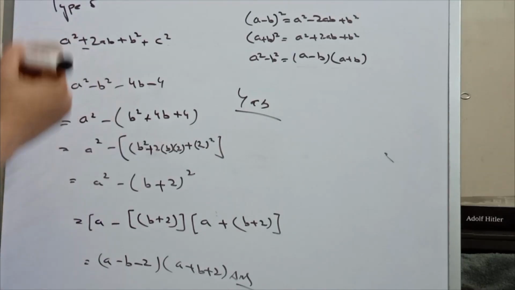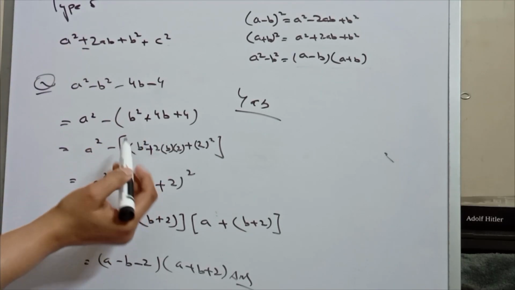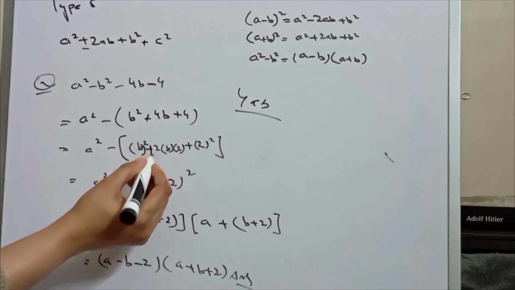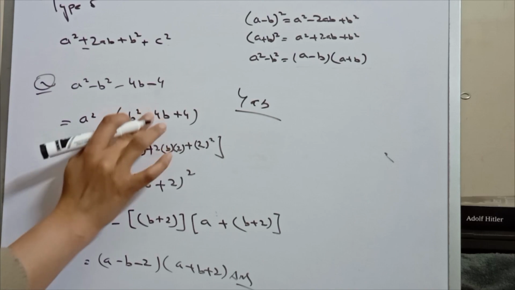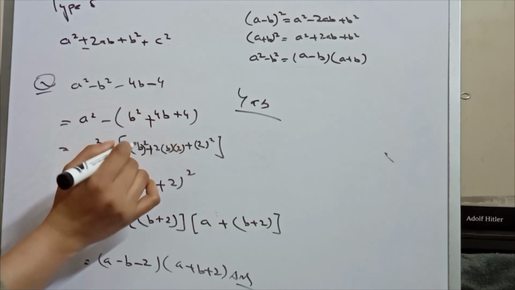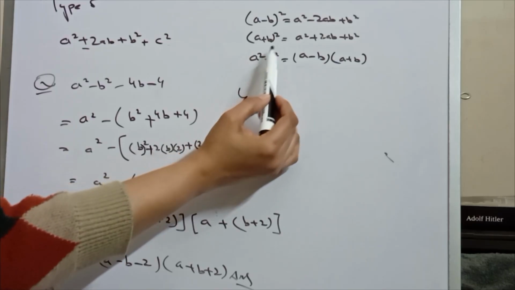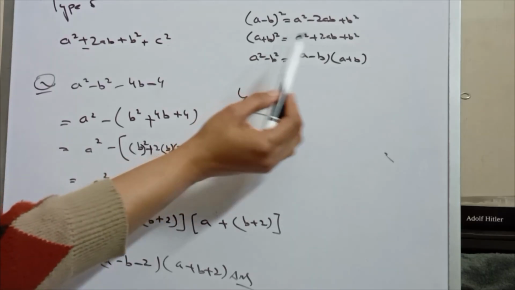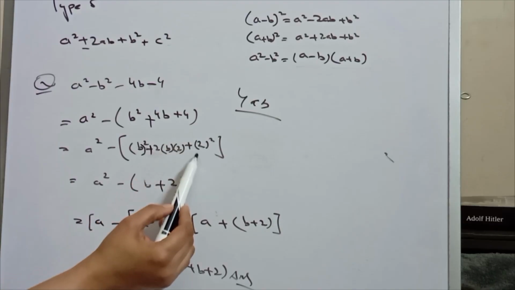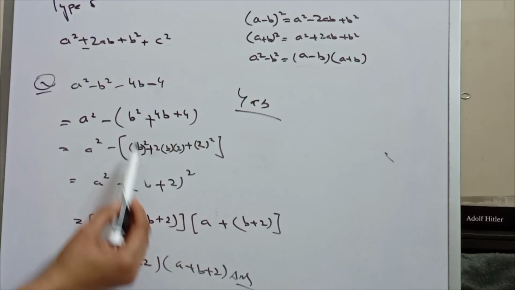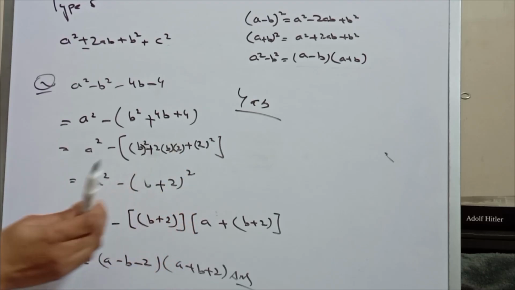Now try to apply the formula on it. A square will remain the same, minus b square plus 4b plus 4, that is 2 square. The center one is plus. So 2 of formula, as you know, 2ab: (a plus b) whole square equals a square plus 2ab plus b square. Just applying the formula. What is a here? B. What is b here? 2.